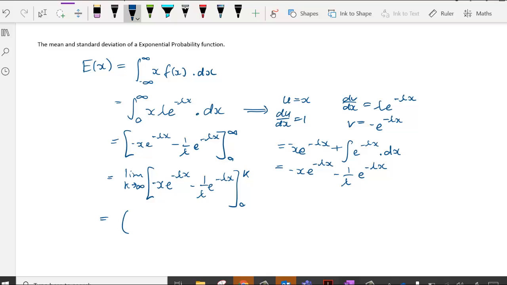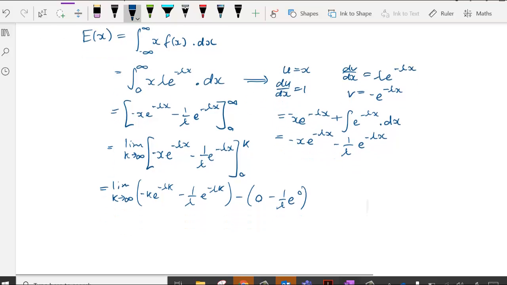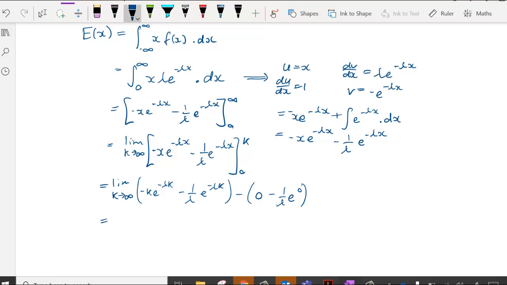Now, when we think about the limit as k approaches infinity of negative k e to the negative lambda k, subtract 1 on lambda e to the negative lambda k, and we subtract our 0, subtract 1 on lambda e to the power of 0, this should be pretty easy to consider.